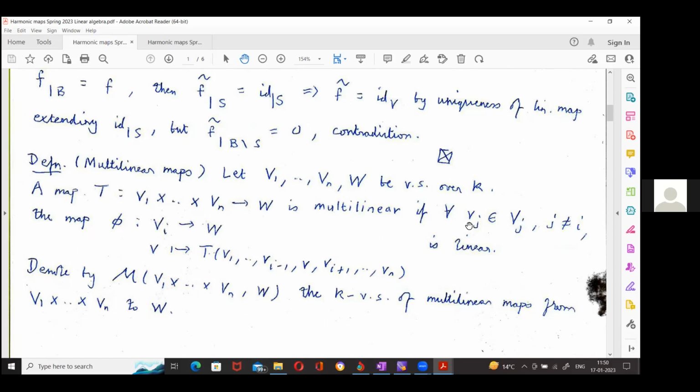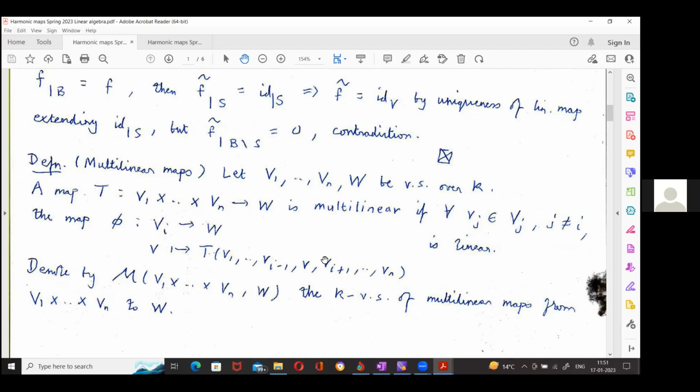So if I take little Vj in capital Vj for j not equal to i, then as a function of the ith variable, from Vi to W, v goes to T of V1 to Vi minus 1, v, comma Vi plus 1 to Vn, this is a linear map. So it's linear in each variable separately.